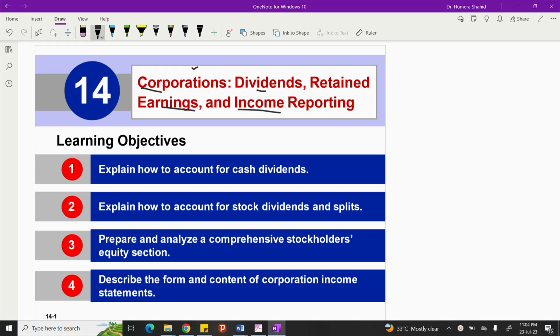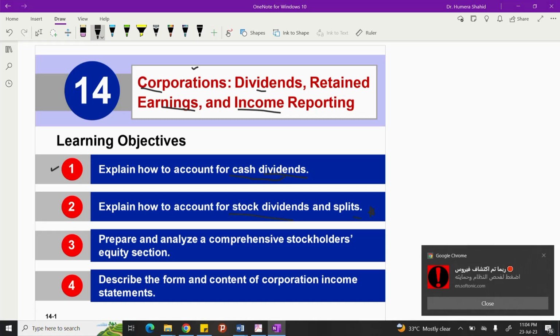So this chapter includes, first, learning objectives in which we will be talking about what dividends are, and then our main focus will be on the first category of dividend, which is cash dividend. Then the second learning objective for this chapter is going to cover the stock dividend, and there is something similar to the stock dividend which is known as the stock split.